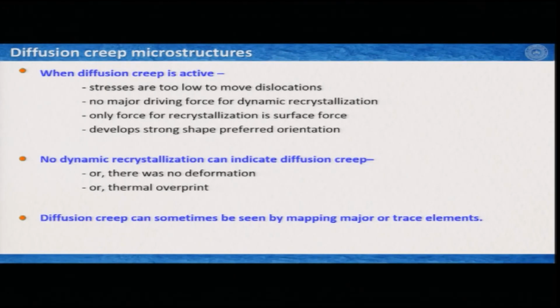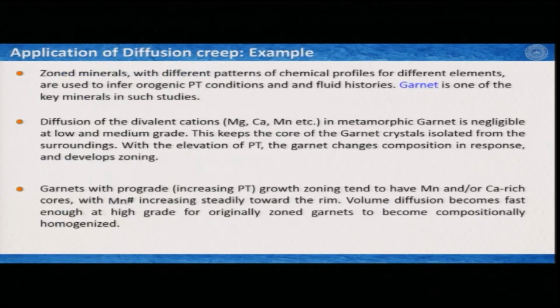And very interestingly, because diffusion creep is essentially movement of the atoms, it is used heavily by metamorphic petrologists for mapping the movement of major and trace elements, and this also gives you an idea of the pressure and temperature of the deformation and metamorphism as well.